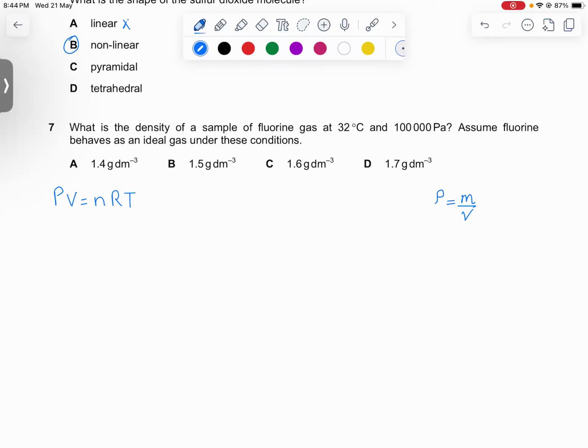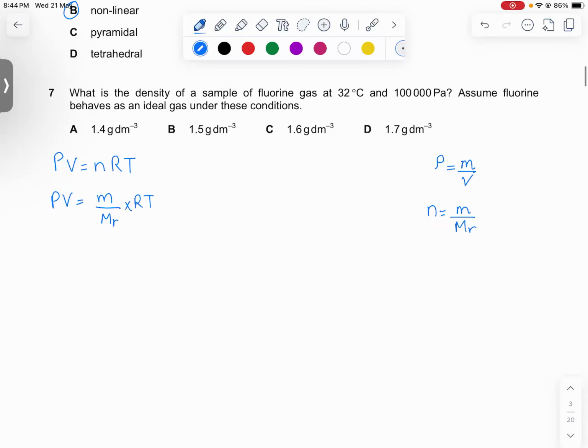This is a complicated thing because we can't really find out what density is without doing a few derivations. Derivations means that you have to make some formulas yourself. So moles equals mass upon molar mass Mr. So instead of n in this equation, we can write PV equals m upon Mr multiplied by RT.